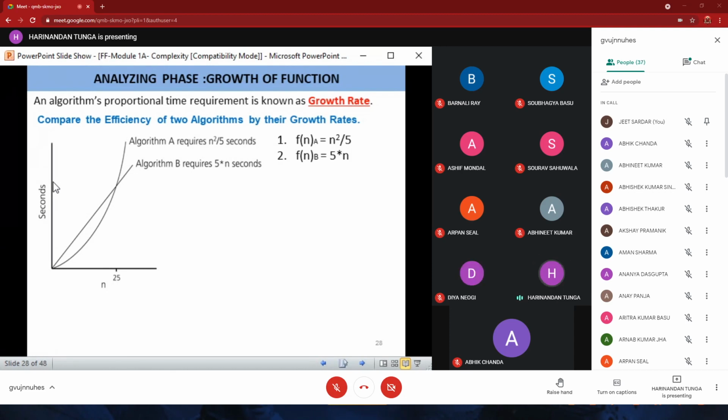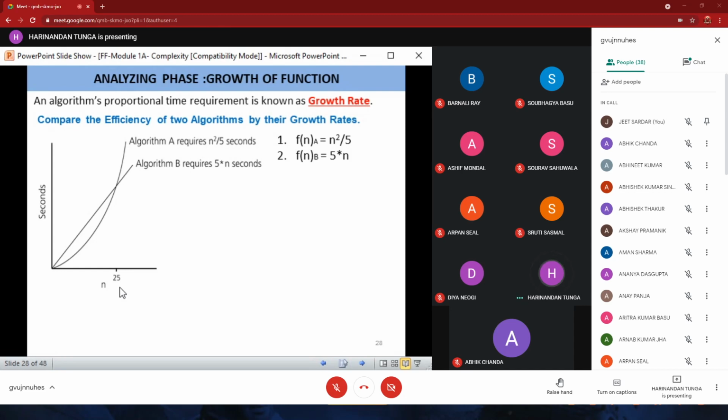After that, algorithm A increases steeply, and the straight line increases step by step. Which one is more efficient? After problem size 25, more time is required for algorithm A, but for algorithm B the time increases only constantly. So this algorithm is the most efficient.